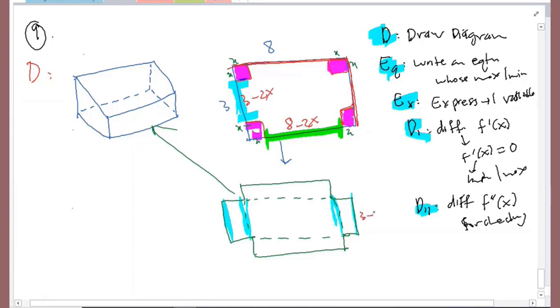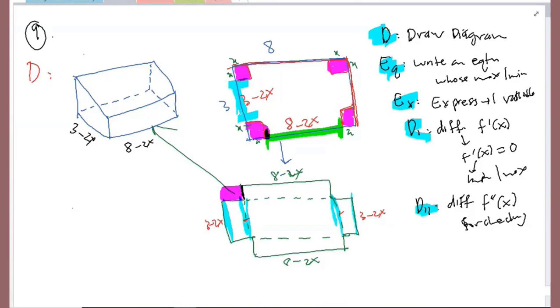This one is also the same as before, 8 minus 2x. So the box has 8 minus 2x on this side and 3 minus 2x on this side. For the height, the length there is x.